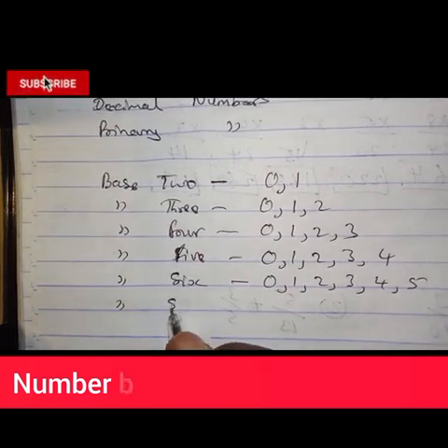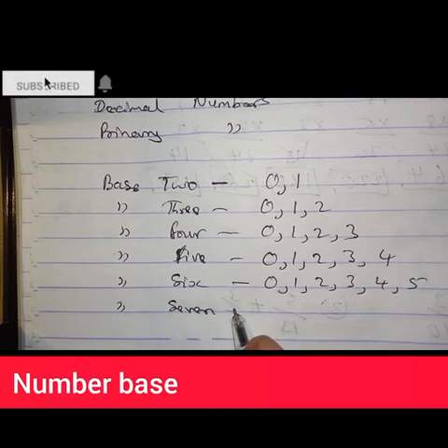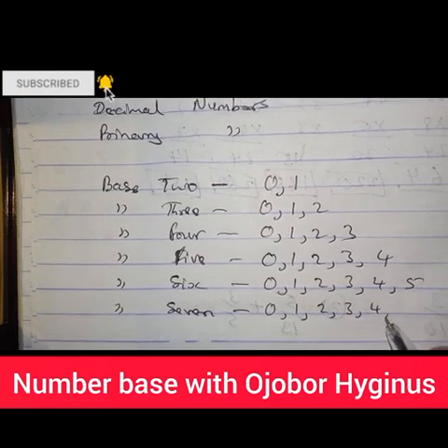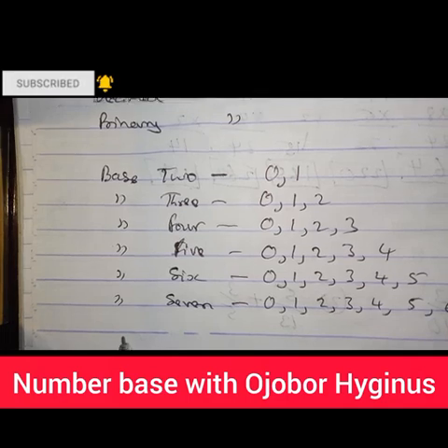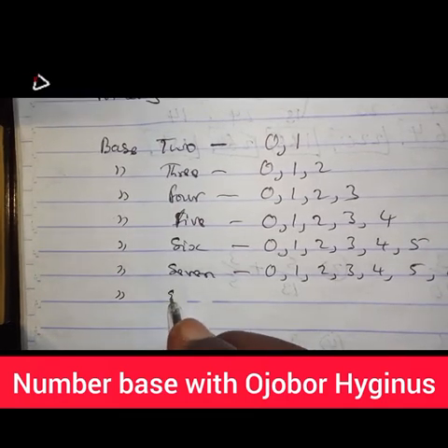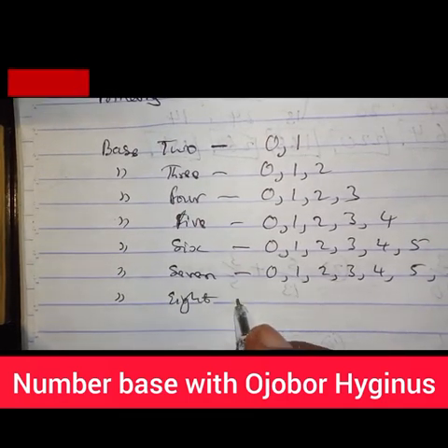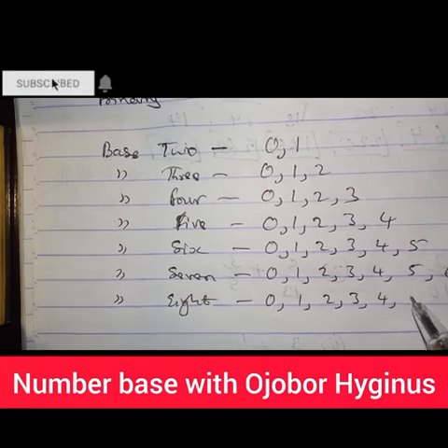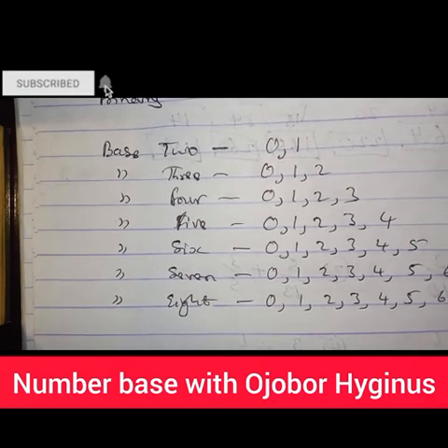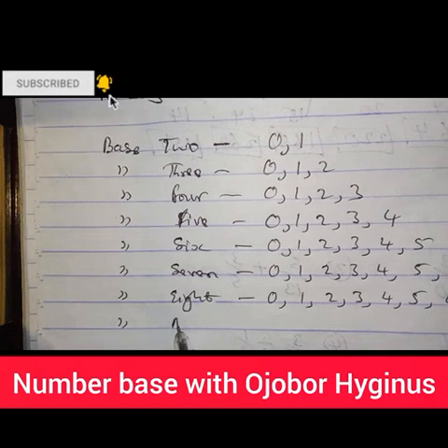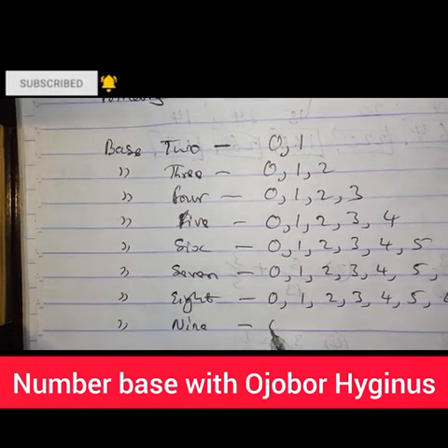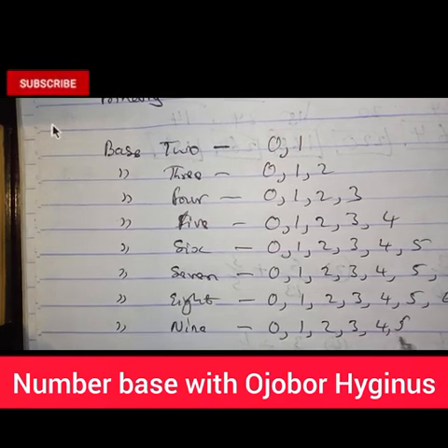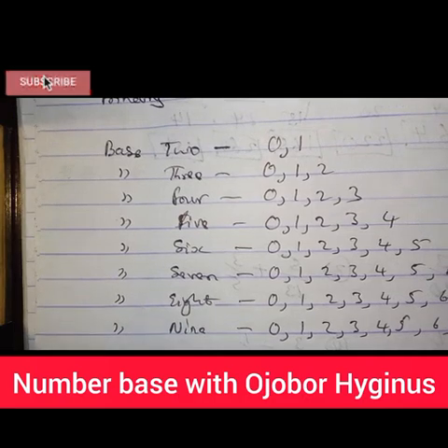In base 7, we have 0, 1, 2, 3, 4, 5 and 6. In base 8, we have 0, 1, 2, 3, 4, 5, 6 and 7. In base 9, we have 0, 1, 2, 3, 4, 5, 6, 7 and 8.